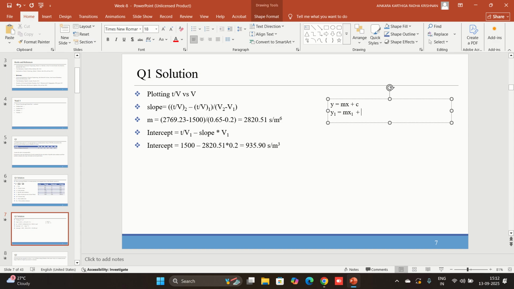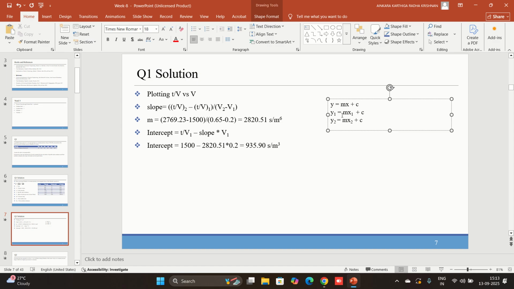So m and c don't change, because slope and intercept are constant throughout the points. It is like a graph: if we plot a graph, we will have the same intercept and slope, even though the points are varying, right? So that is what is given here.